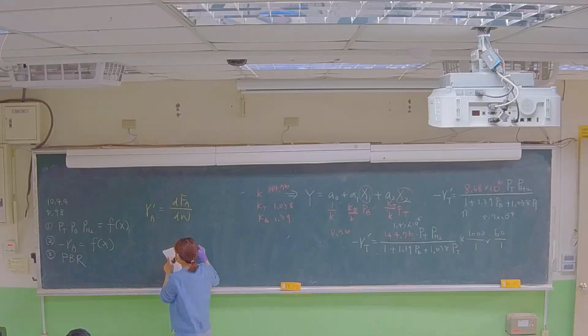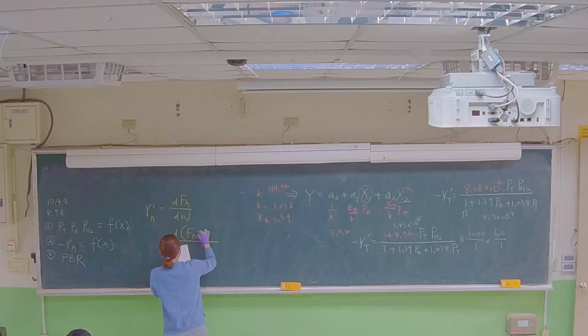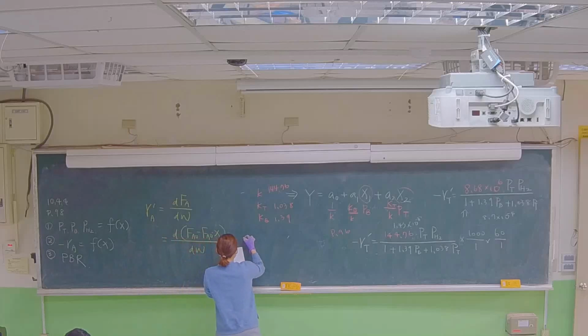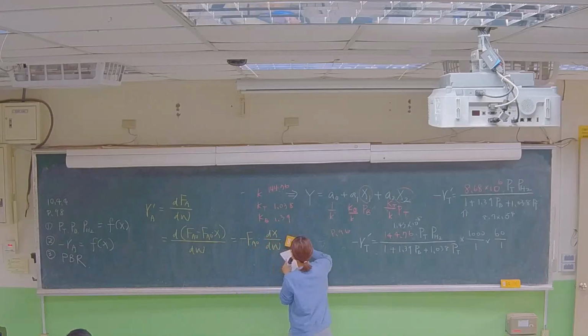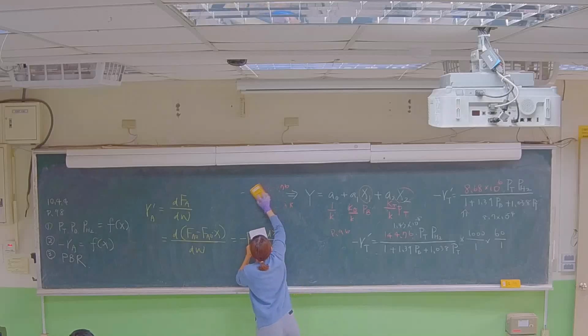And if we want to bring conversion here, FA equals to FA0 minus FA0x. So finally you got a minus FA0 times dx over dW. That is the design equation.